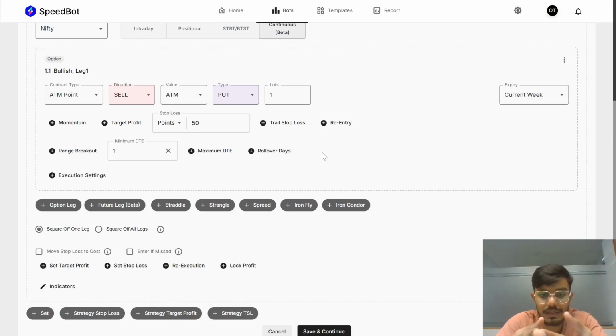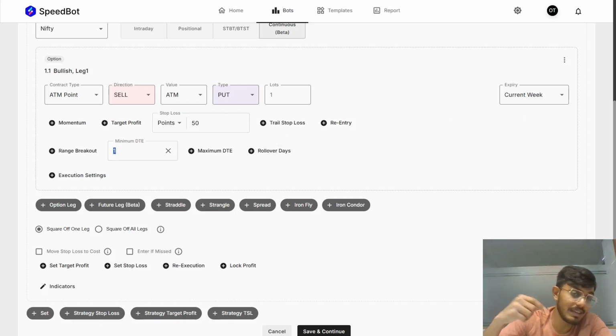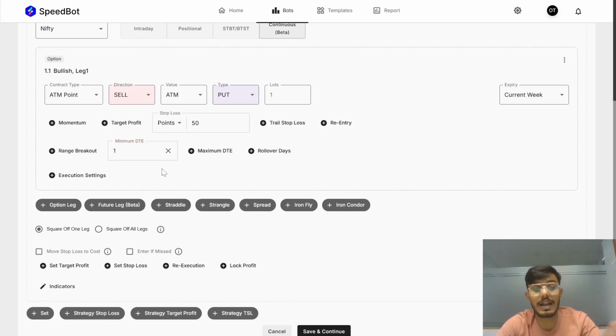In that case, there isn't much meaning to short the ATM put for current week expiry. Then you look for opportunities in the next week expiry. That's where the minimum DTE feature comes into the picture. If I keep the value as 1, it means that 1 day before my expiry, I would be taking entries into the next week expiry contract, if you're able to understand.